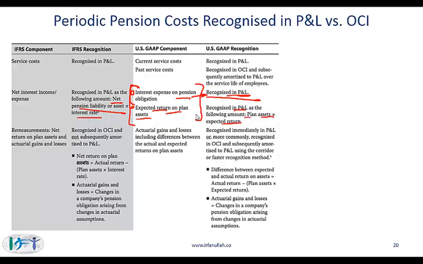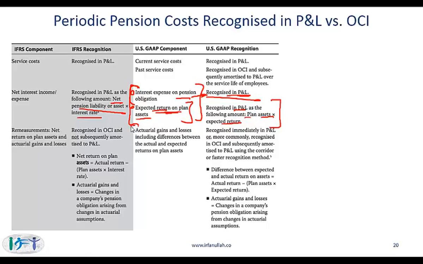So from analysis perspective, if a company changes this assumption, and we talked about this before, if the company starts assuming that the return on plan assets is higher, what will that do to the income statement? That will make the income statement look better, because we are then showing a higher income. So if a company makes a small assumption change that our plan asset will give us 7.9% as opposed to 7.8%, that can be used to manipulate earnings.